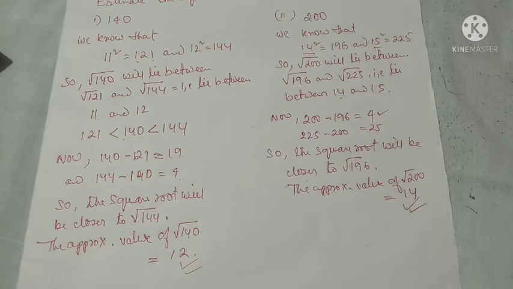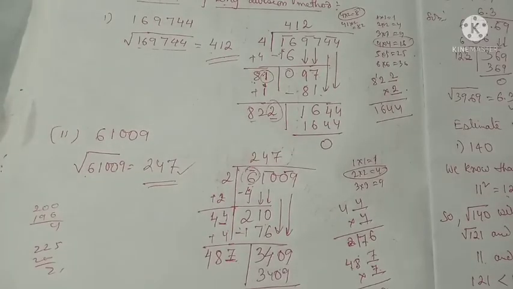So these are all the rules and methods for the square and square root of this chapter number 6. In this chapter we have learned what a perfect square is, properties of square, and the finding of square root, what a square root is, and finding the square root by different methods: prime factorization method, repeated subtraction method, and division method.